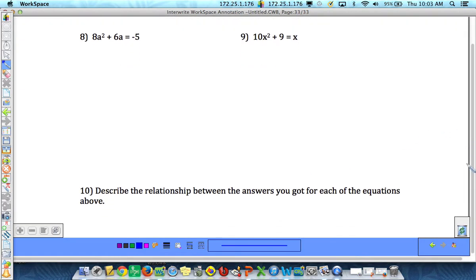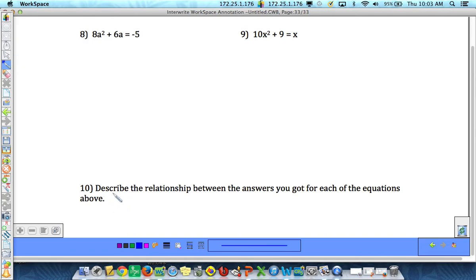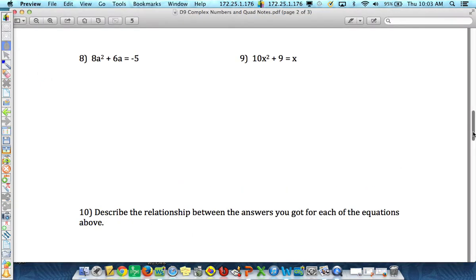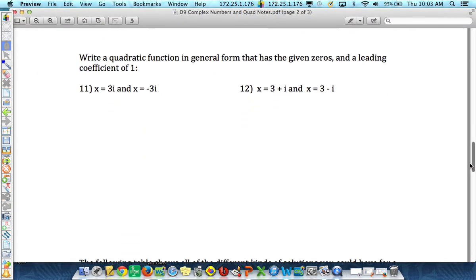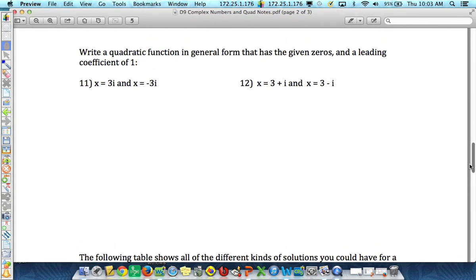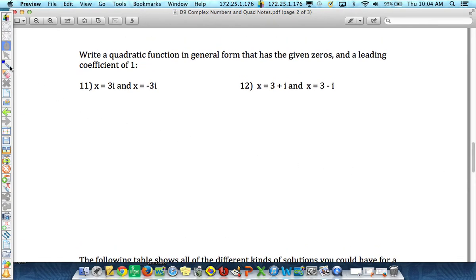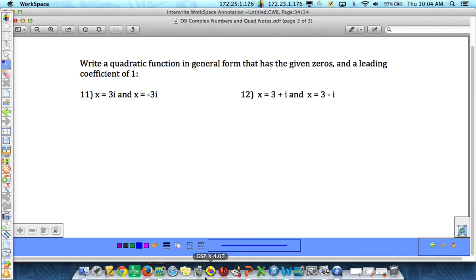The complex zeros always come in conjugate pairs. Okay, so whenever you have solutions that are imaginary, they will always come in conjugate pairs.